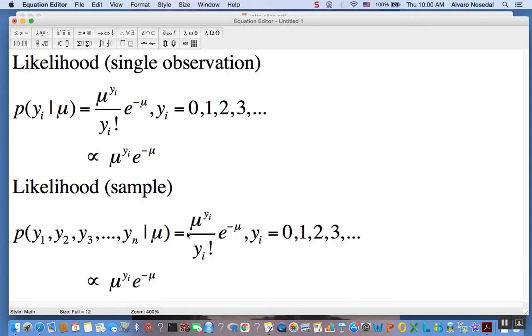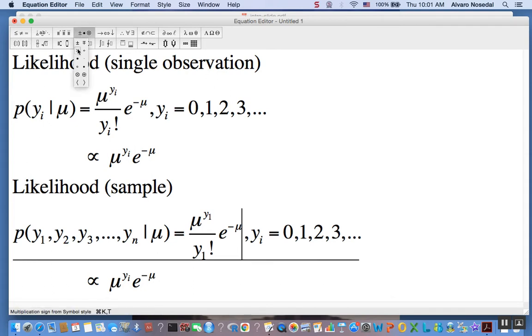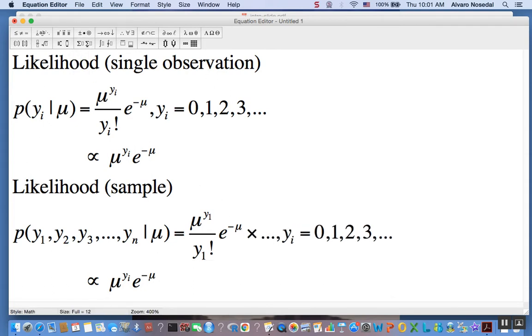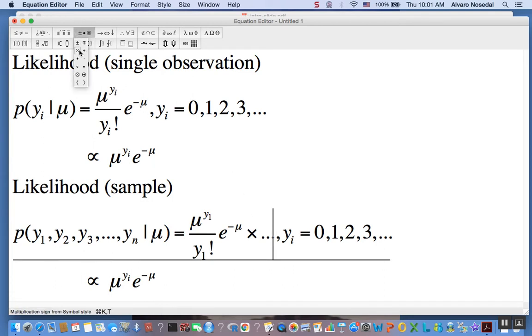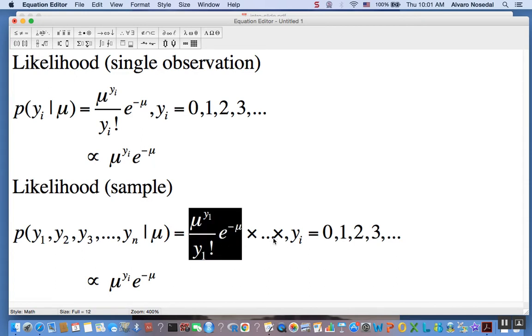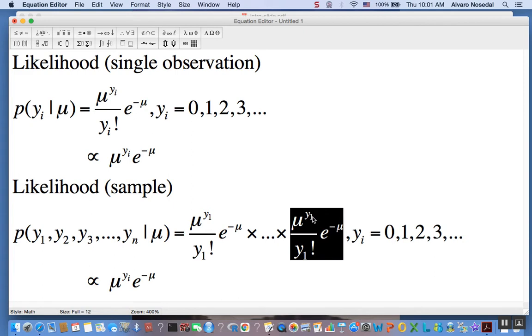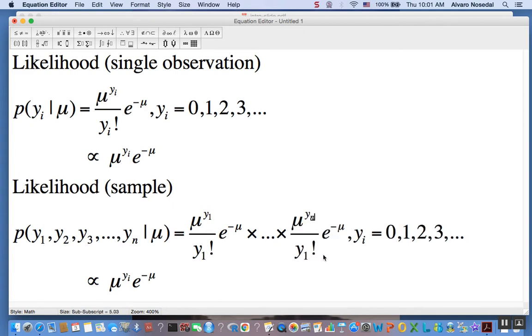What we're going to have is the product of terms like this one. We're going to have n terms that look like this one. So we have the product of those n terms, the first one here, the last one here, y sub n.